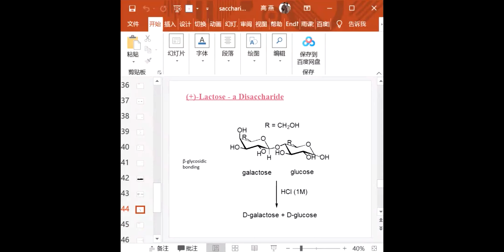Because for some disaccharides, the constituent monosugars are the same, but their linkage is different, and this will result in different types of disaccharide also, okay?